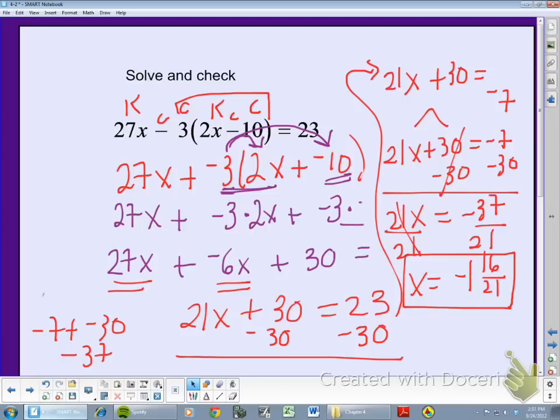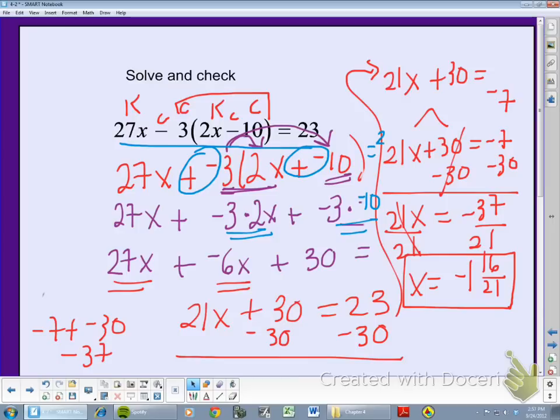So let's just run through what we did here. First we used keep, change up here to change everything into addition. So that became addition, and this became addition. And then we distributed the negative 3 into each term inside the parentheses. That was negative 10. And then we multiplied out, and the right-hand side is still equal to 23.